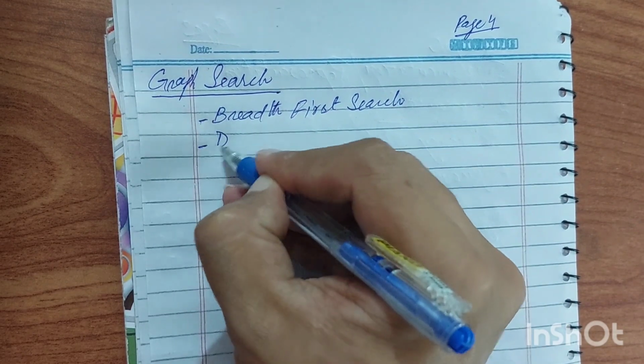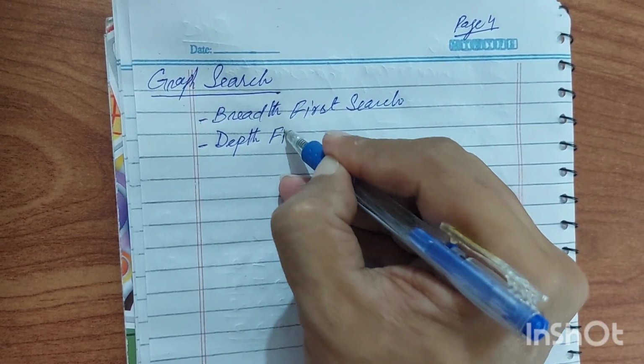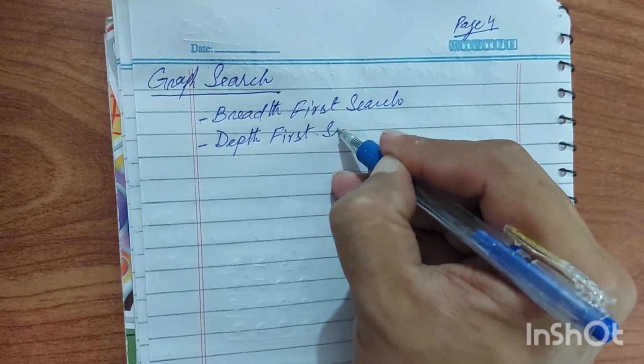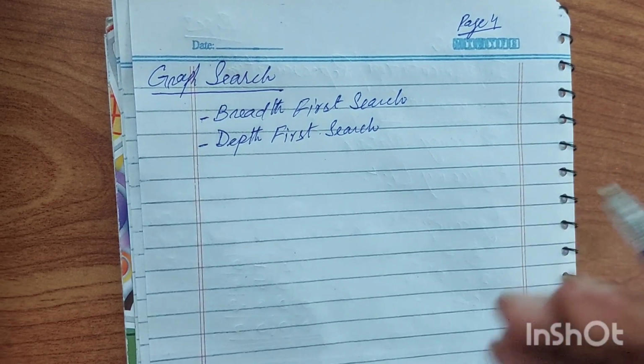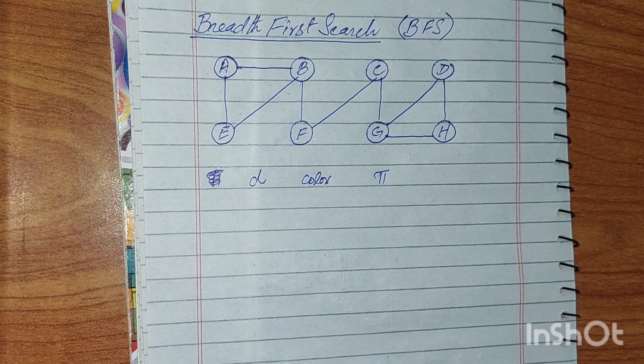The second one is depth first search, that covers depth and then it covers the breadth. Both algorithms cover all the vertices, but both have their own advantages and disadvantages.